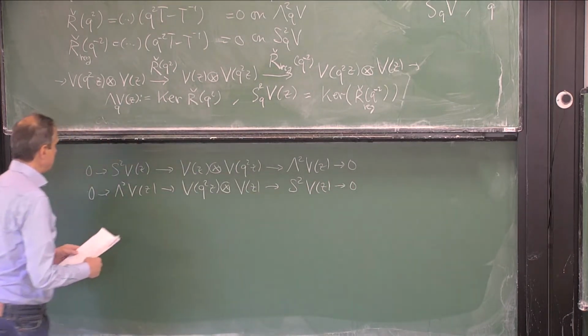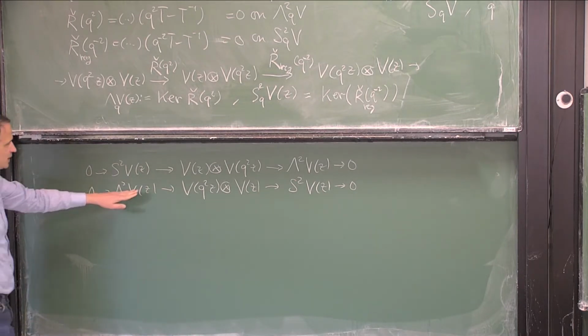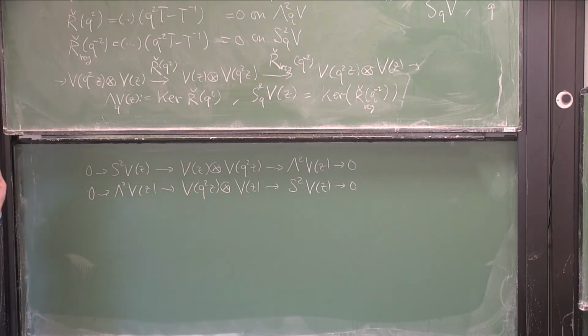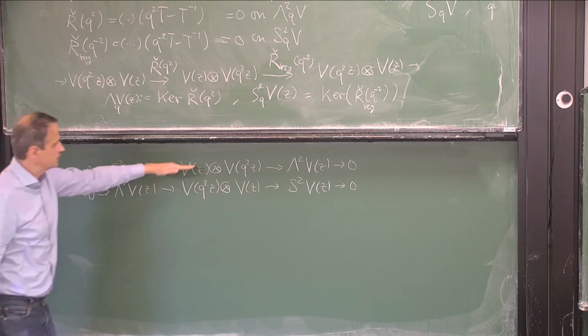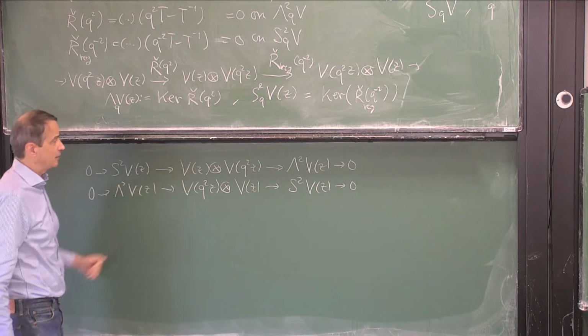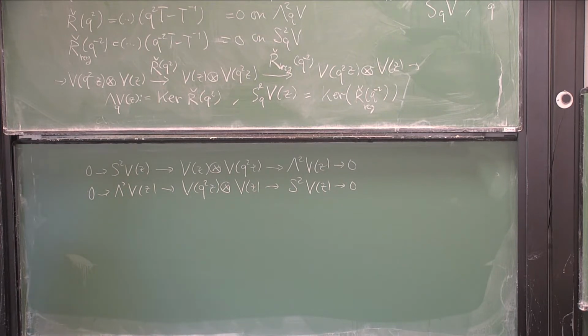So you can realize this representation both as sub-representation and as quotients, but in different tensor products with different spectral parameters. Is there Q missing as a subscript? Yes.